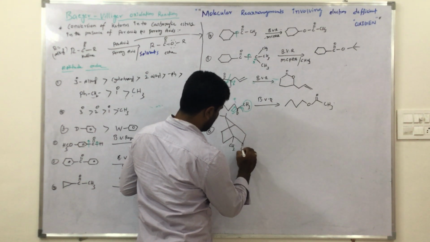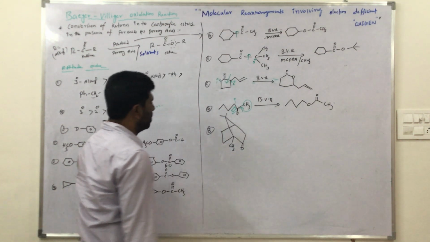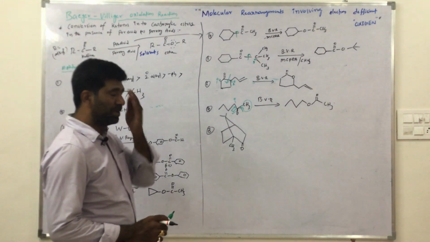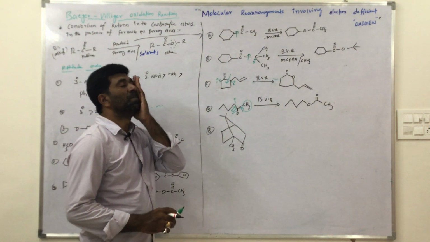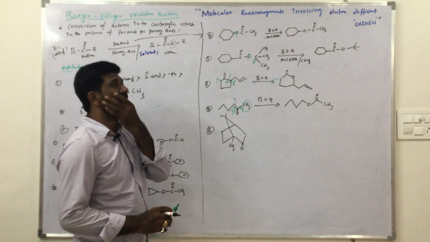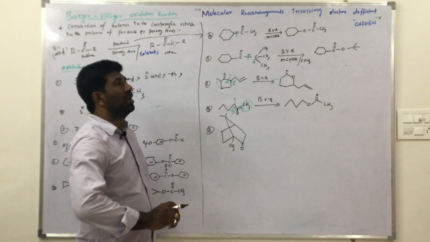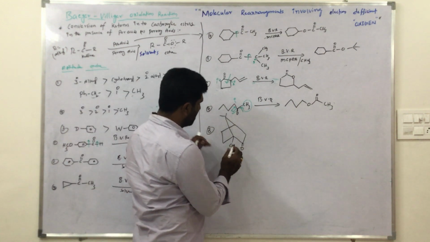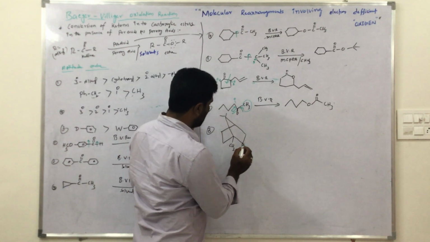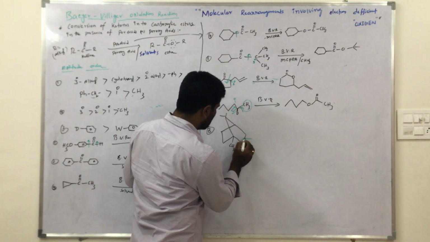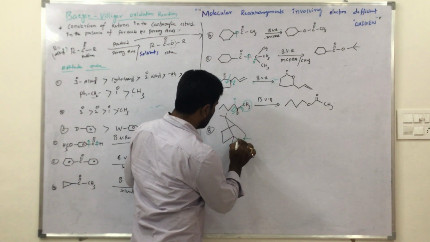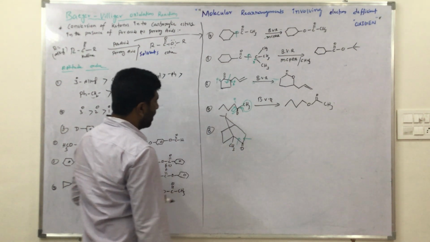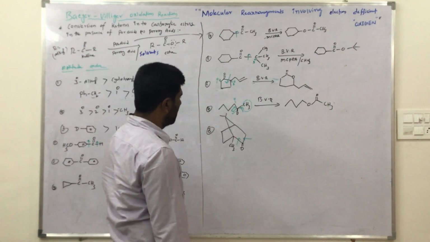This is the double bond O. Clear? Now please observe the compound, observe the structure. What about the left side of C double bond O? Here we have two possibilities. This is one possibility and this is the second possibility. Now ring expansion takes place.